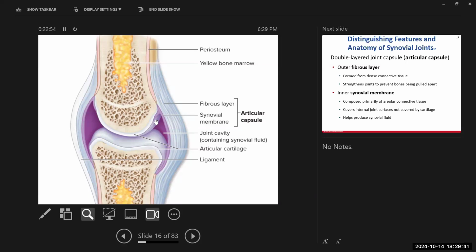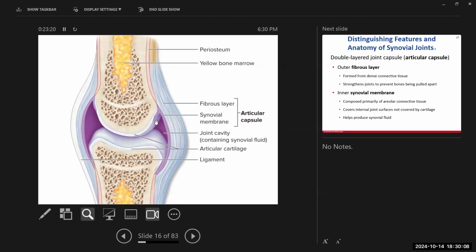Then the inner part lines the internal portion of the joint, and that's the synovial membrane. Remember, we learned there were 4 membranes in the body: serous membrane, the cutaneous membrane, which is your skin, mucous membranes, which we don't talk about too much in this course, and finally the synovial membrane. We'll talk about the purposes of the synovial membrane.